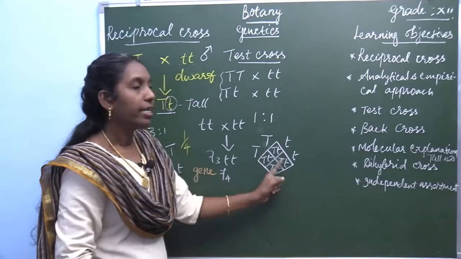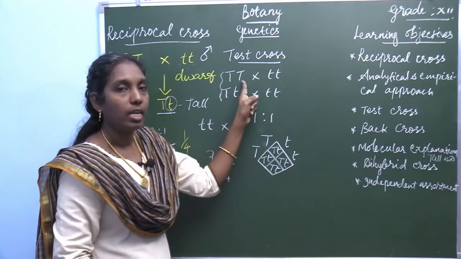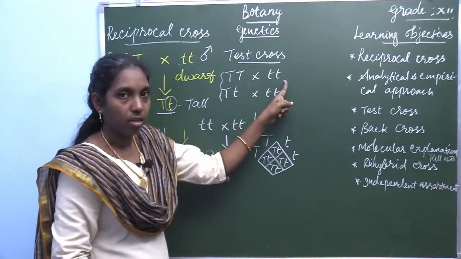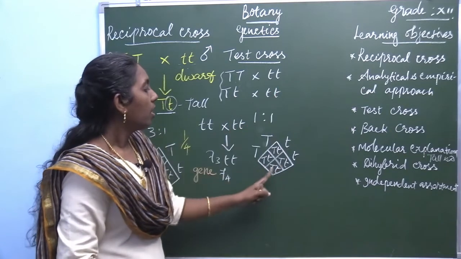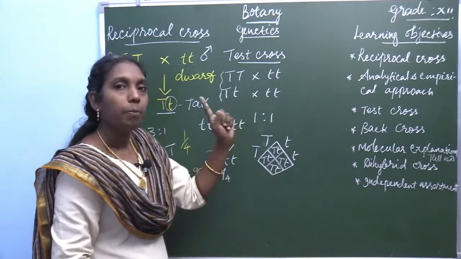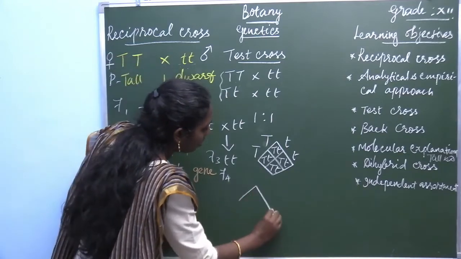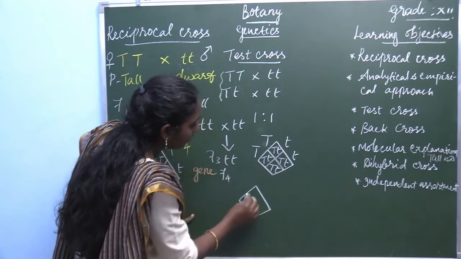All are heterozygous. When homozygous tall undergoes a test cross with the recessive parent, the F1 generation gives all tall plants. But for heterozygous, let us find the ratio of this.